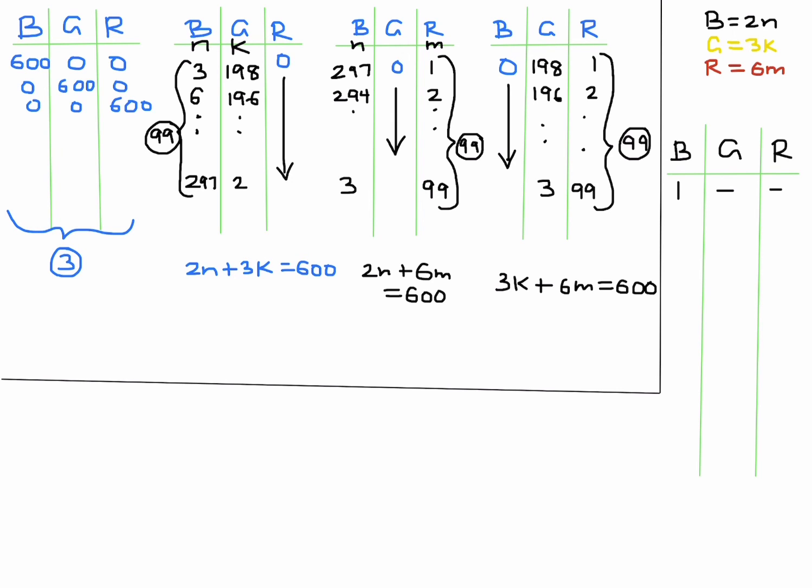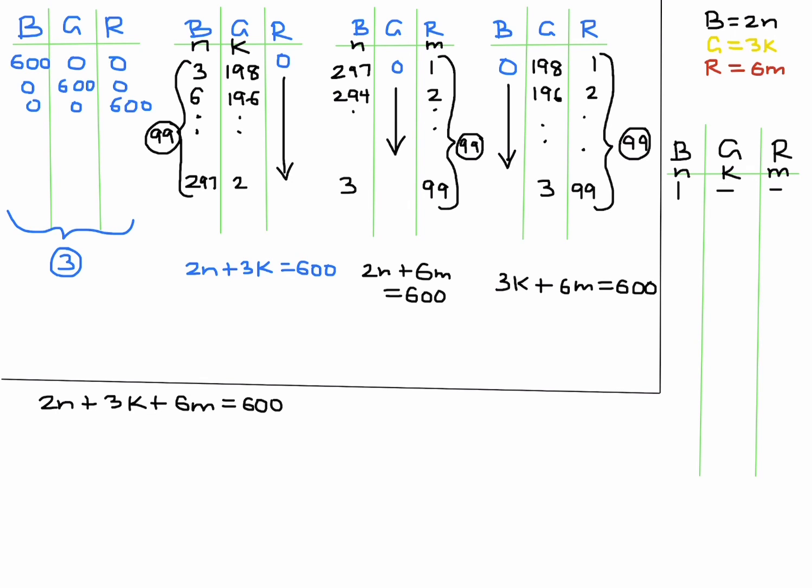Why? Because my equation is 2n plus 3k plus 6m is equal to 600. And that equation gives no integer solutions for n, k, and m when n is equal to 1.